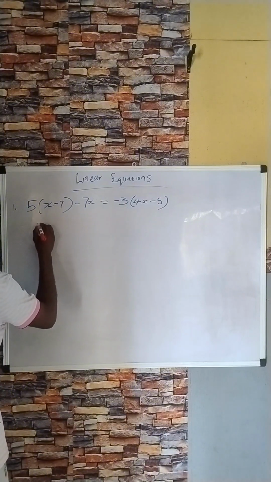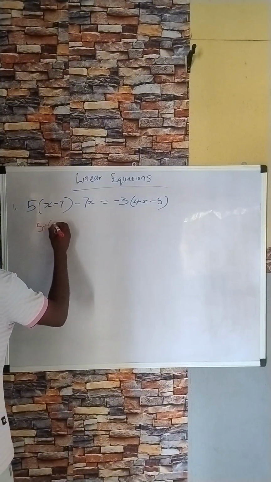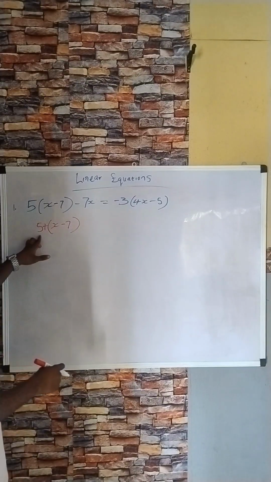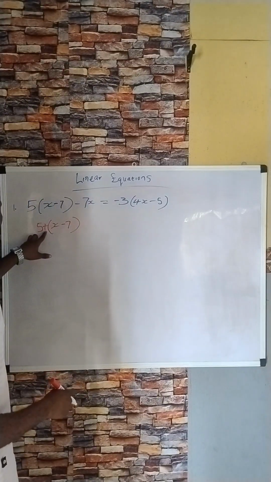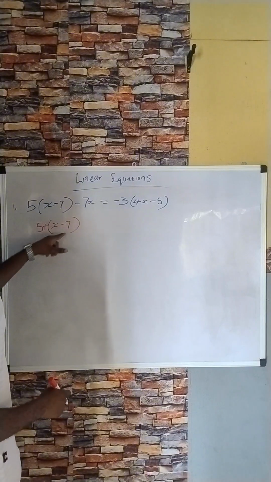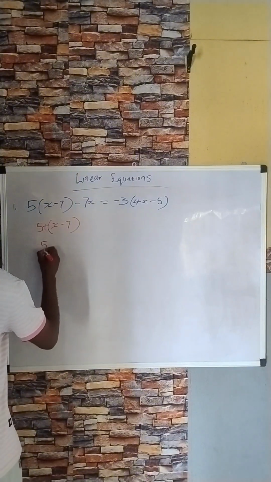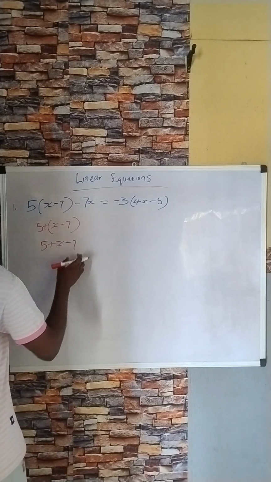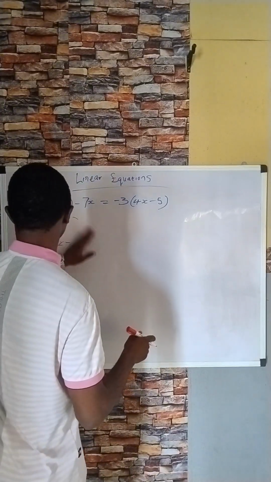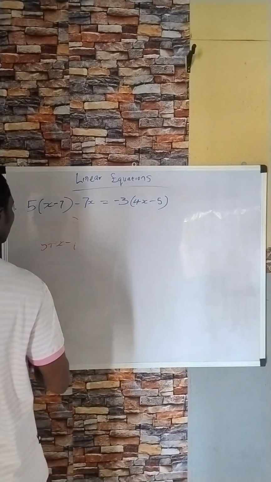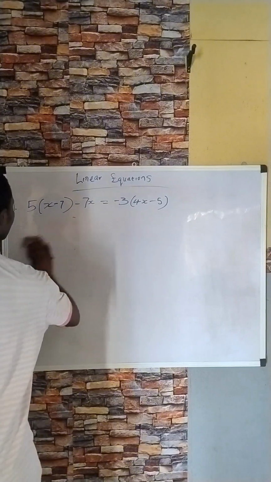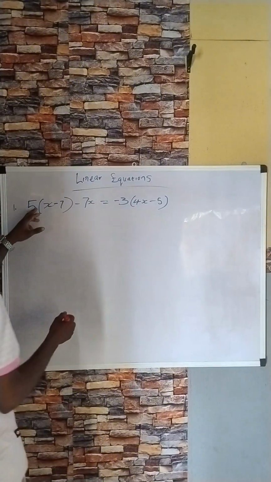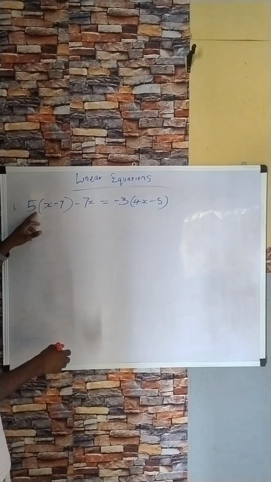If this was 5 plus x minus 7, that means you are adding this to this. All you have to do is 5 plus x minus 7. Right? So now, it is not in that form. It is in this form. What you have to do is multiply. This means multiplication.